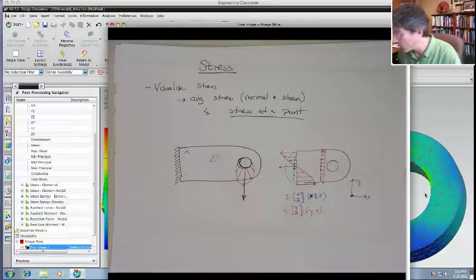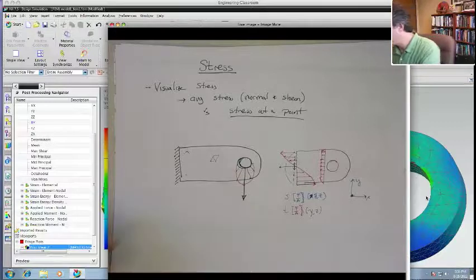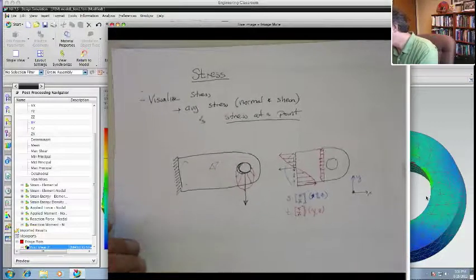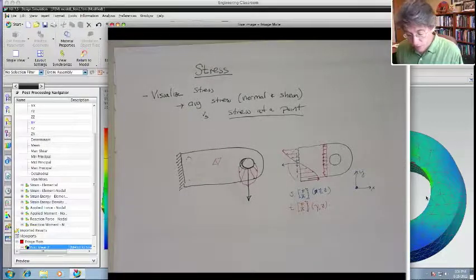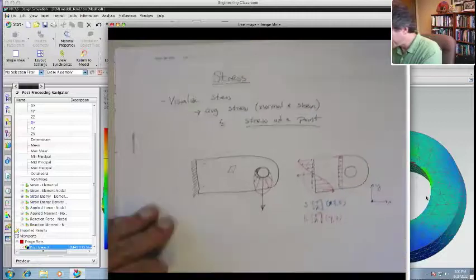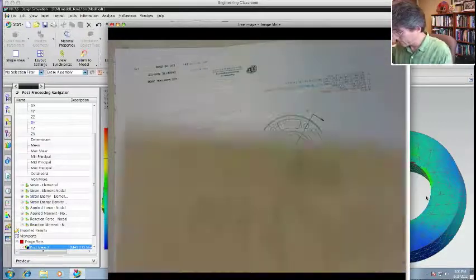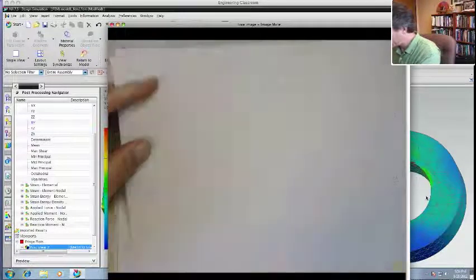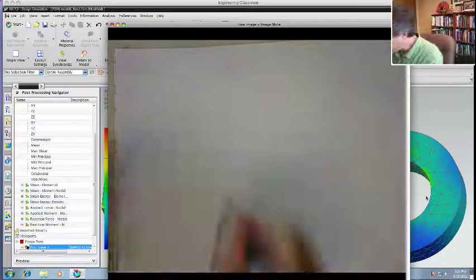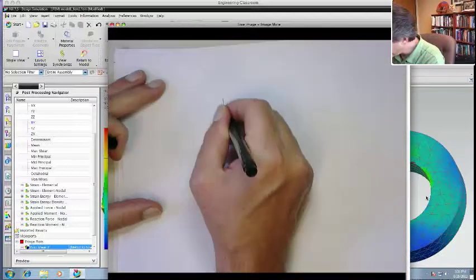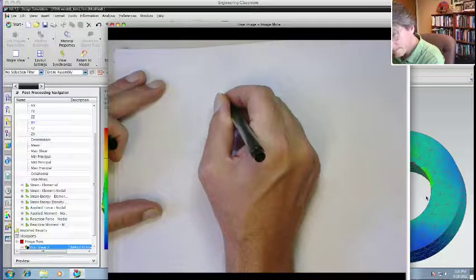Now let me go through some of the math a little more and show you how this becomes P over A, basically. So let's talk about the reaction forces. Let me get a new piece of paper. So we have some geometry that looks like this. Let's just look at some cross section. It's cut.